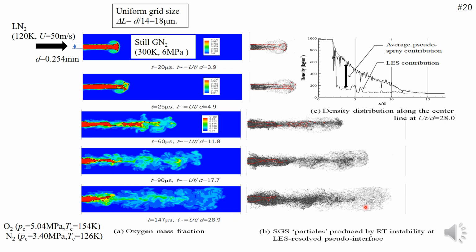Each dense fluid thread dissolves into the light fluid and disappears after an elapse of time. This is why the pseudospray density is rarefied downstream. Seemingly, the pseudospray behavior in this region could correspond to the dense fluid thread structure observed in the experiment, as shown in figure 1 of slide number 5.